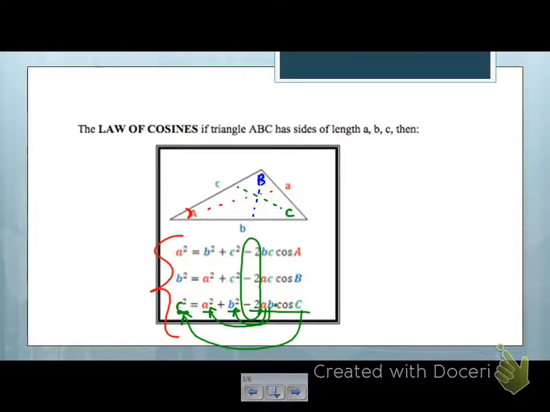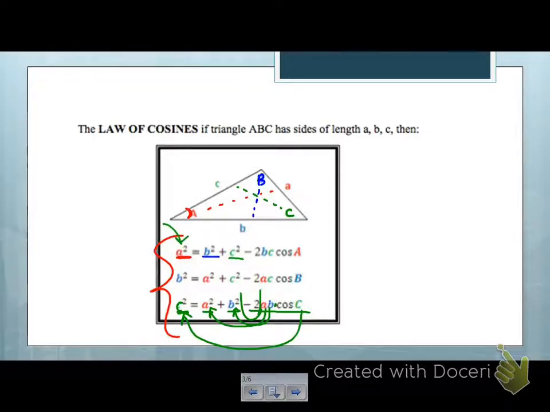Again, looking at this in another way, you have a squared equals b squared plus c squared. So whatever variable is by itself, you square that, equal to the other side length squared plus the third side length squared. The big difference between this and the Pythagorean theorem is we don't have to worry about that being the longest side length.